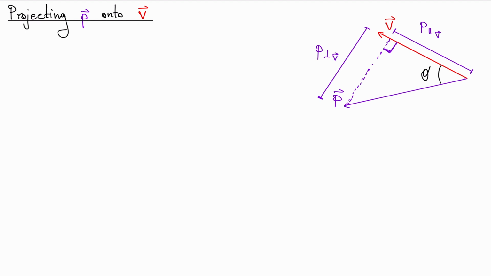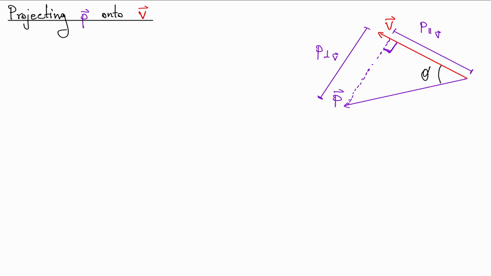Now, how do we obtain these sides? Well, this side is adjacent to our angle, which, remember, is the angle which we have. And so this side will be the adjacent side of this right angle triangle, and this side is going to be the opposite side because it's opposite to the angle. The appropriate trig ratios that would enable us to find these are cosine and sine, respectively.